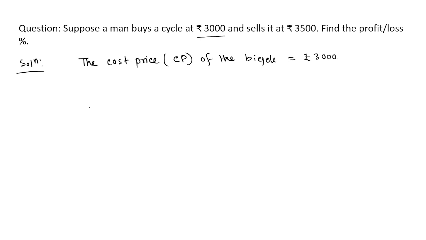And the selling price, that is SP, is rupees 3500. So, which is bigger? You can see that the selling price is bigger. So, as SP is bigger than CP, there is a profit.